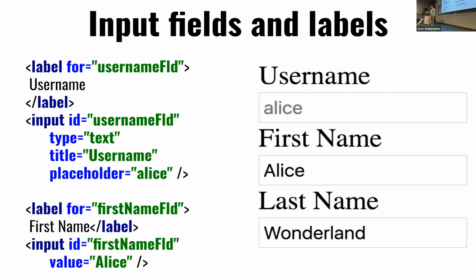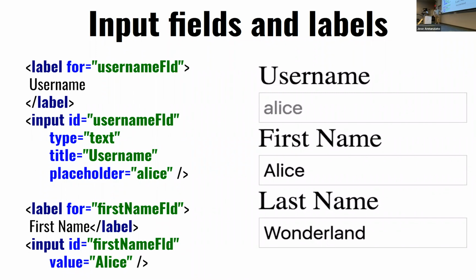IDs, by definition, have to be unique within the page, within the screen that you're looking at. So there should be only one first name field in this entire document. And you can also give it a name, which is not shown here, but I could absolutely say name equals something. That doesn't have to be unique. I could use the same name multiple times. Okay.